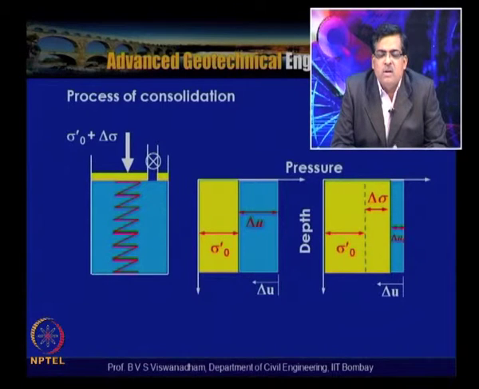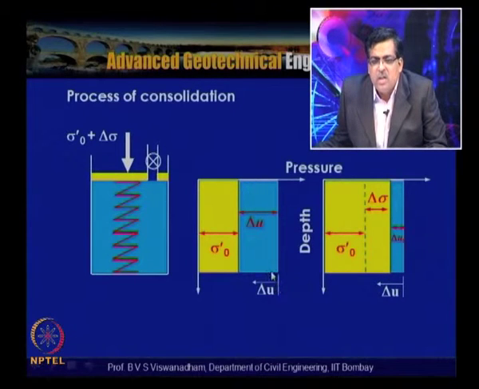If you have a spring and a piston which is loaded with sigma naught dash and delta sigma, and the valve is closed, then initially delta u is 0, and the moment the load delta sigma is applied, the delta u equal to delta sigma is borne by the water.